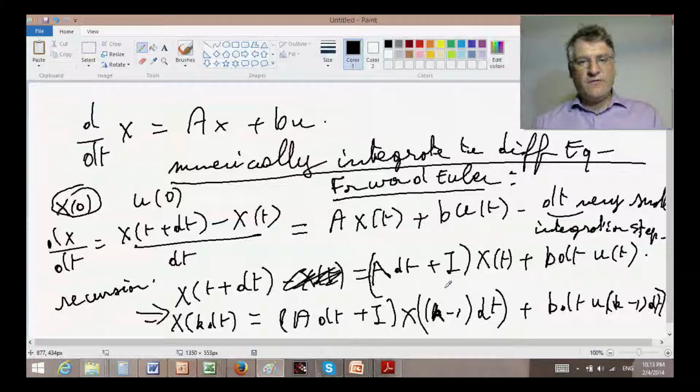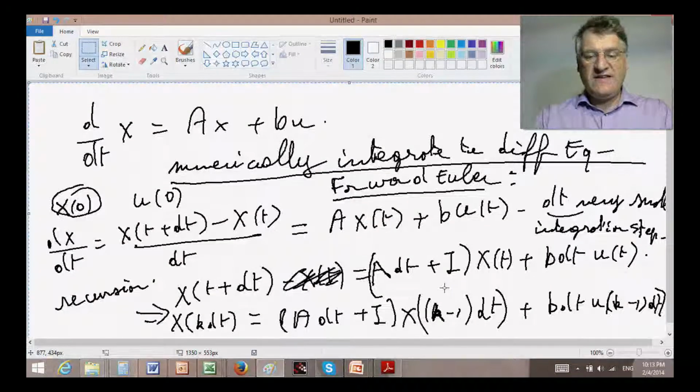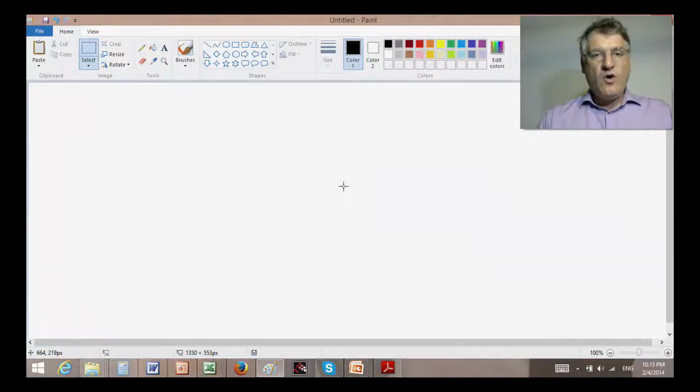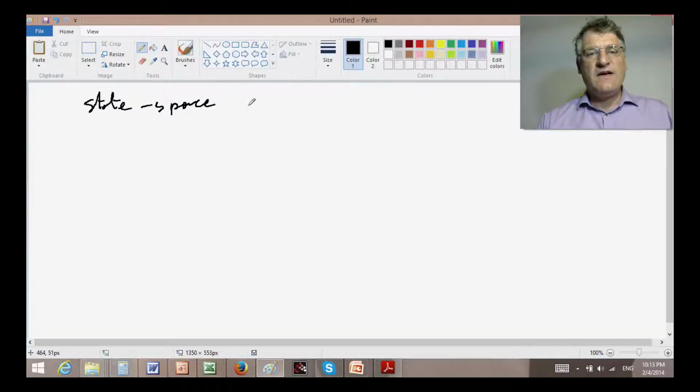Right. So, that said, let's talk about more interesting things. One of them is the relationship that exists between state space and transfer function.